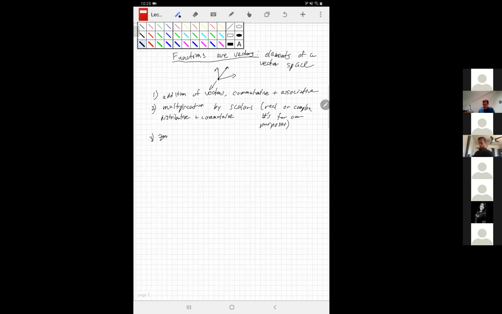We have a zero vector. That's just a vector that if you add it to anything else, will give you back the same vector. We have a unit scalar.